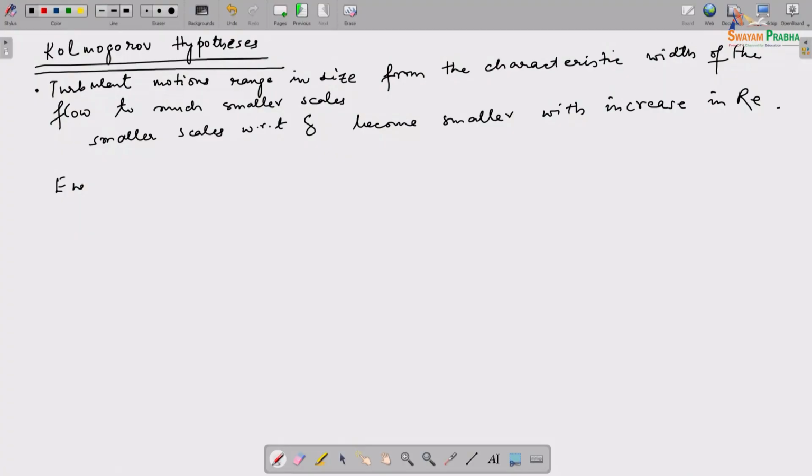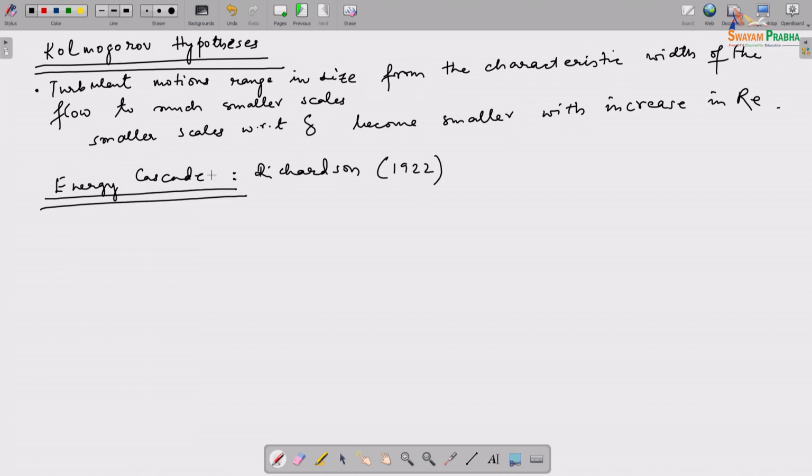Okay, so then we come to what is called the energy cascade, right? Okay.